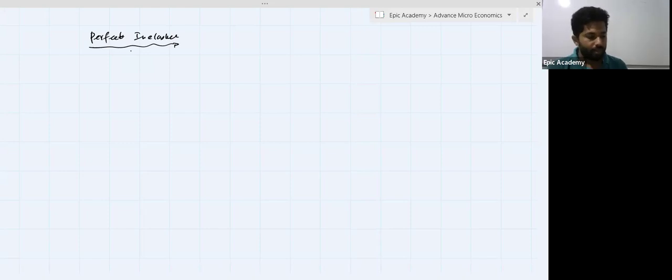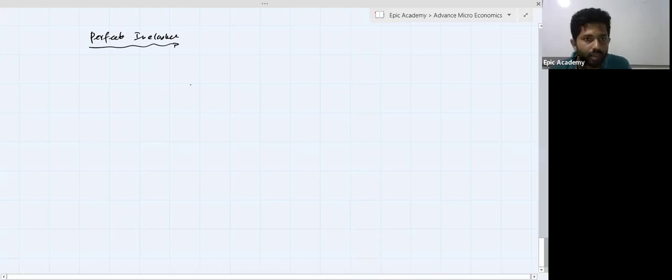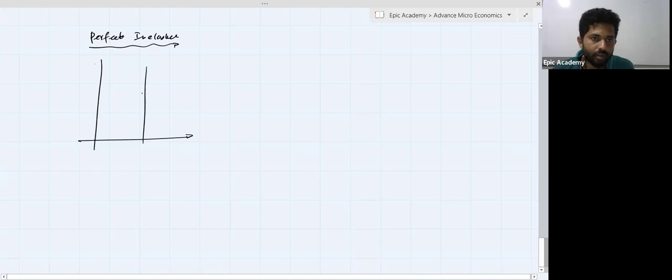Okay. There's no response. If there is no response, what will happen to the shape of the curve? It is something like that one. It is a parallel line to the price axis.